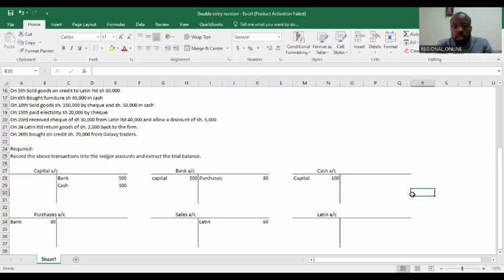So always know that the debtors, the people who owe the business, are assets to the business. So when an asset increases, you debit. So that transaction is complete, both the debit and the credit.